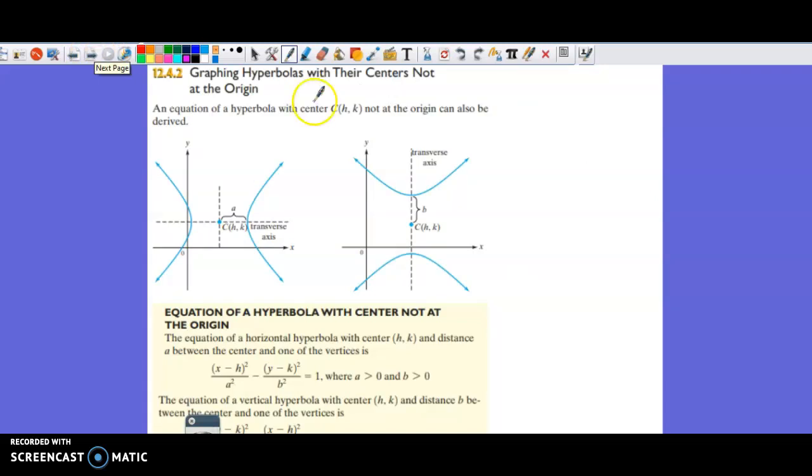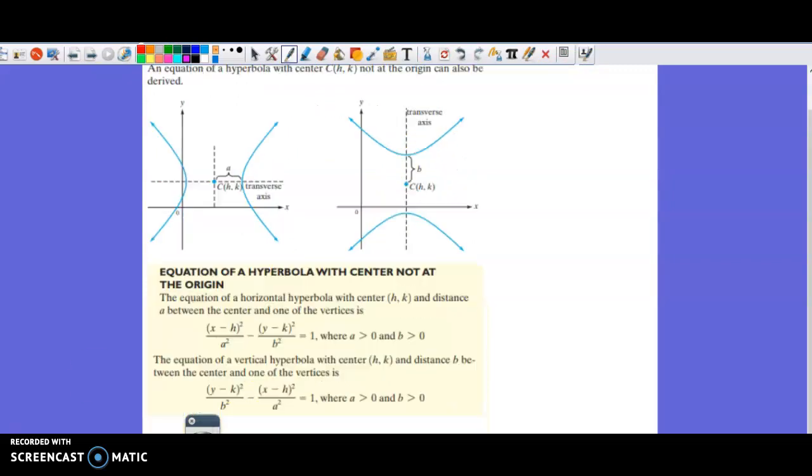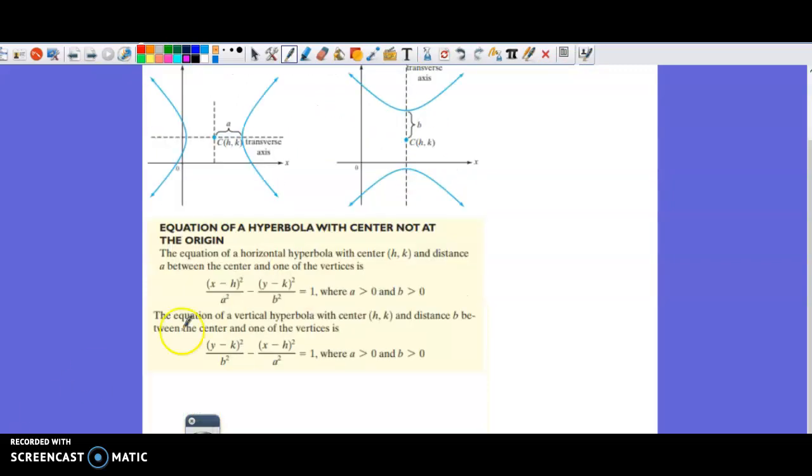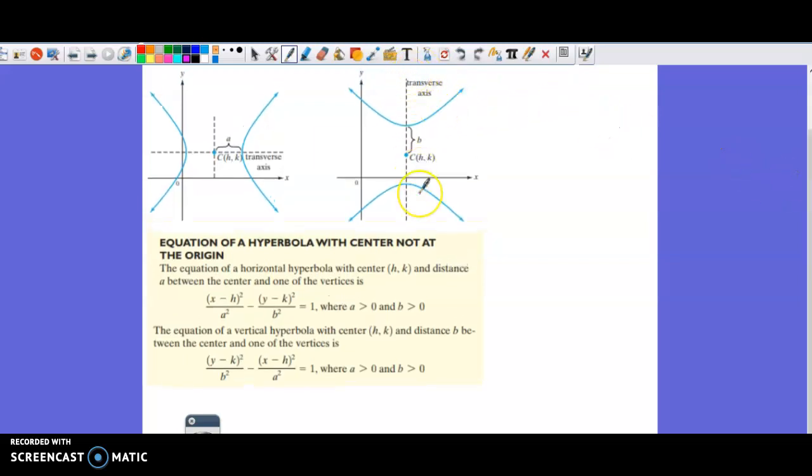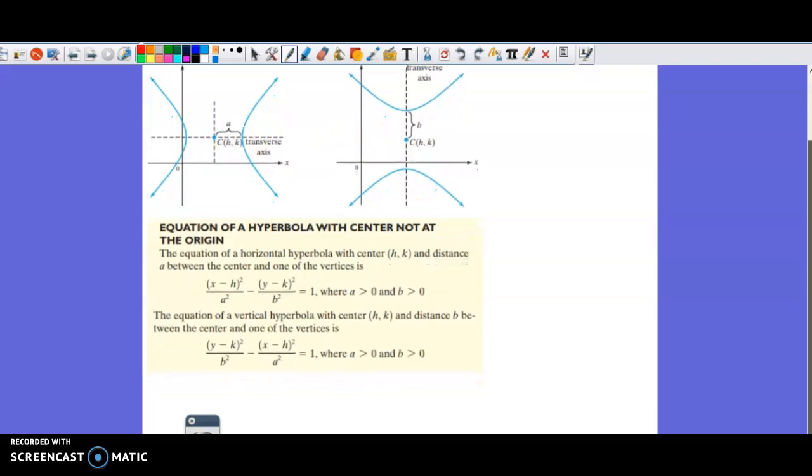So as I move on to hyperbolas, a lot of the information is very similar. The difference, though, is instead of a major axis, it's called the transverse axis. And it doesn't matter which number is bigger now on whether it's a vertical transverse axis or a horizontal transverse axis. What matters is which value is first.